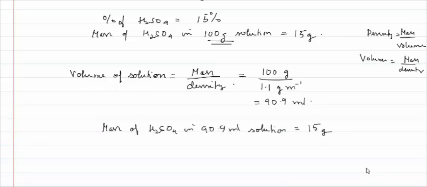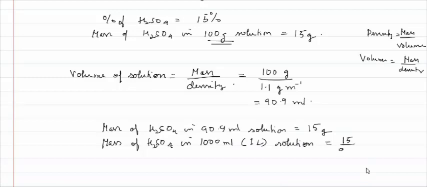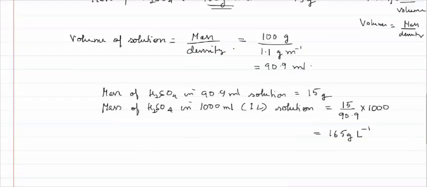And we want the mass of sulfuric acid in 1 liter. So mass of H2SO4 in 1 liter or 1000 ml solution is equal to 15 divided by 90.9 into 1000, which is equal to 165 grams per liter. So molarity is equal to mass per liter divided by molar mass.